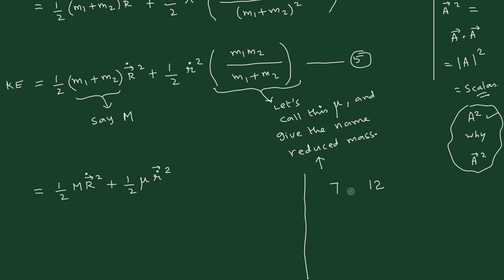Then if you perform this calculation, what calculation are you doing? I'm taking the product of the two numbers in the numerator and the addition of the two numbers in the denominator. If you take a calculator and find out the answer, this answer will be less than 7, and not only that, it will be less than 12 because 7 and 12 are the two numbers you have taken.